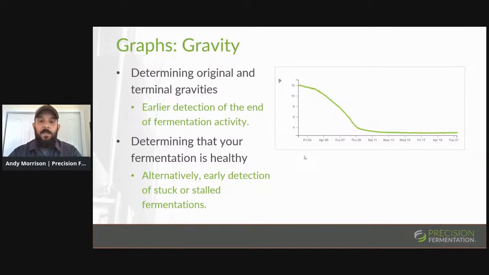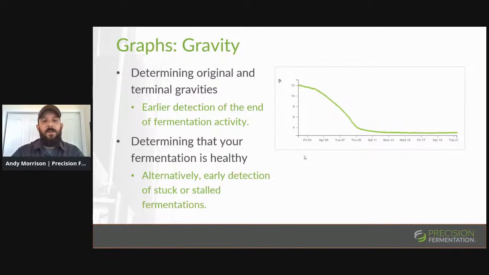So you're getting this real-time look from pitch at the start point, 0 on the x-axis is the time that you pitched yeast, all the way to the end of the readings when you turn the system off. So you're looking at here a beer that started at about a 12-degree Plato starting gravity and finished somewhere around 3 degrees.